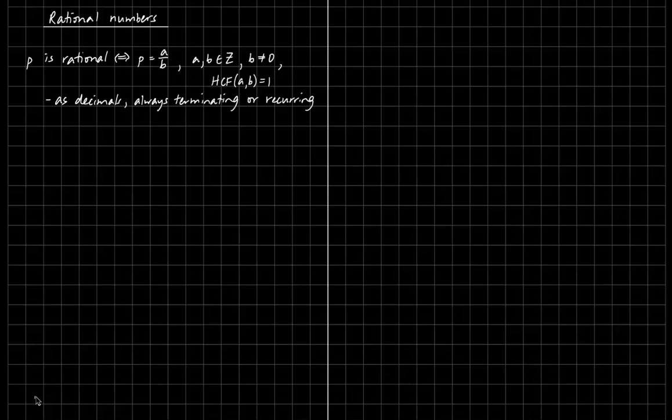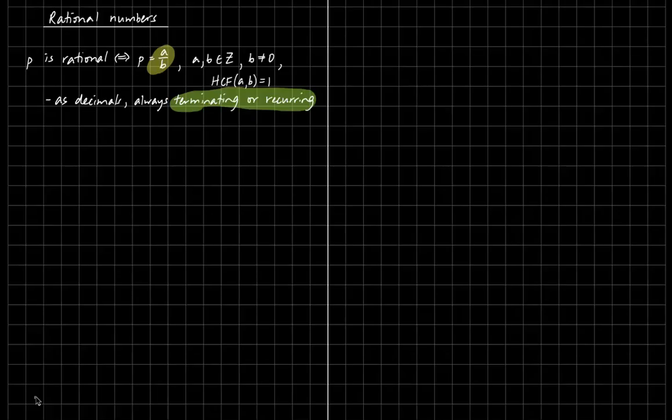So one of the questions we might have then is, how can we show that every number which can be written as a fraction like this will be a terminating or recurring decimal in decimal form? Well, it's not too hard to show that, but the thing we might need to think more about is, how can we show that every terminating or recurring decimal can always be written as a fraction of two integers, as a ratio of two whole numbers?